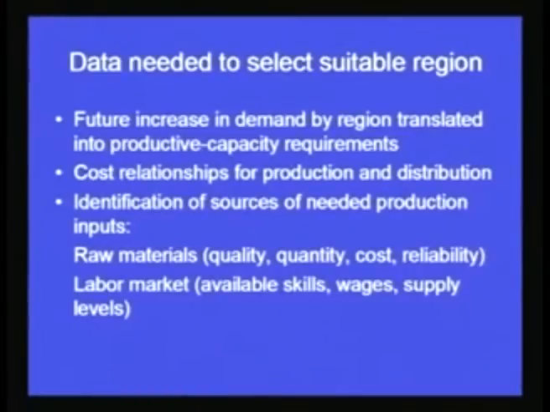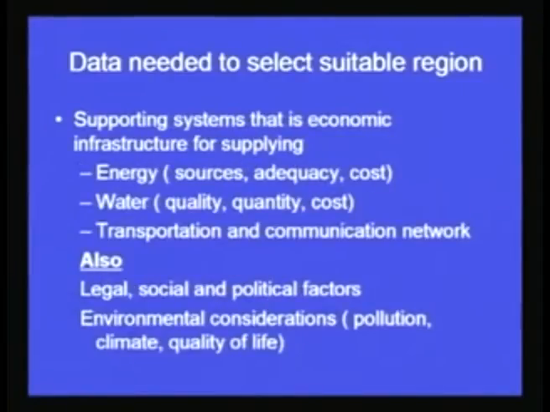So why are we seeing these factors? Because these are the factors which would guide us in making a judicious selection of a particular region in a big geographical domain. So these are the first two parameters that we have to take into account. Then there are other parameters such as supporting systems, that is economic infrastructure for supplying.